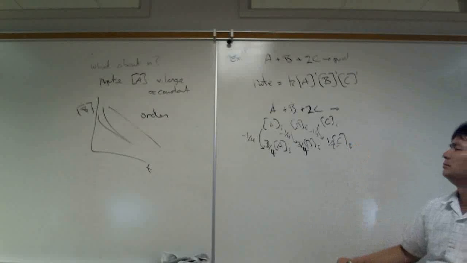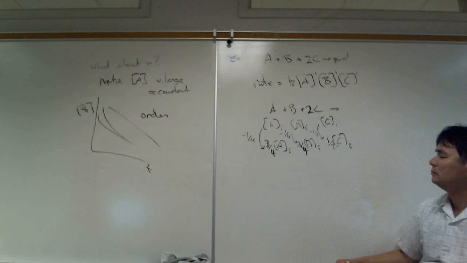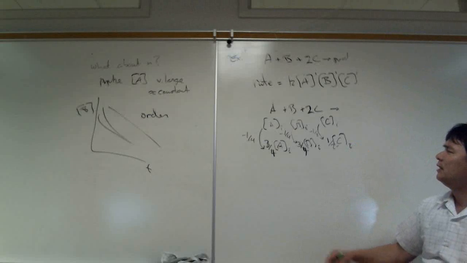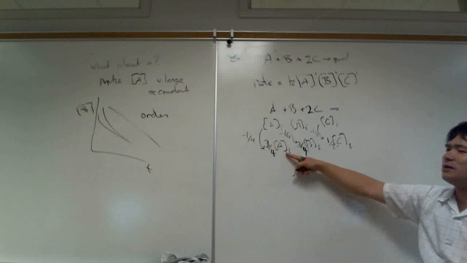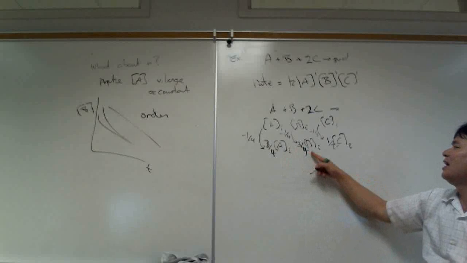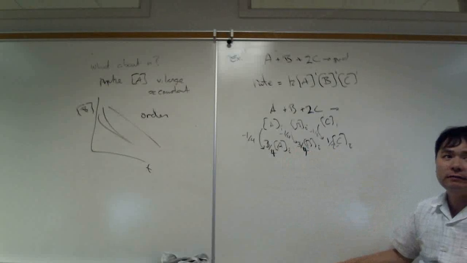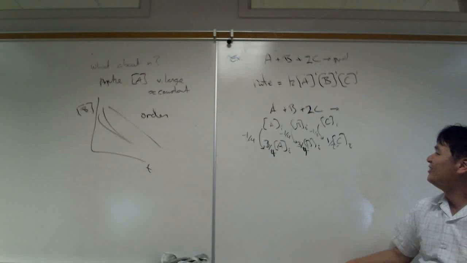So that's assuming you have 1 molar each reactant. If I had 1 molar each reactant, then I'd get 0.75, 0.75, and 0.5. Does that make sense? All right, now I got some numbers here.